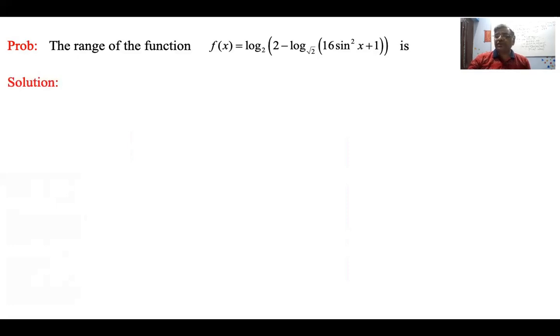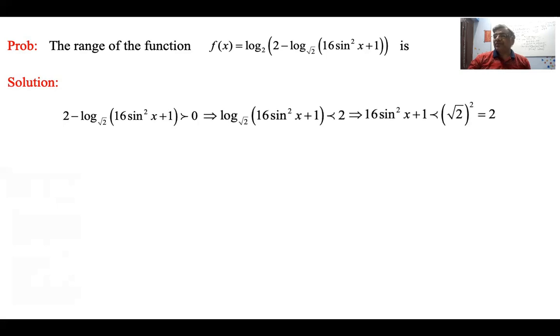So look here, f of x is equal to log to the base 2 of something. Log to the base 2 of something can be defined only if that something is positive. That something is 2 minus log to the base root 2 of 16 sine square x plus 1, which must be positive. So from this, log to the base root 2 of 16 sine square x plus 1 must be less than 2. So 16 sine square x plus 1 is less than root 2 whole square, which is 2.